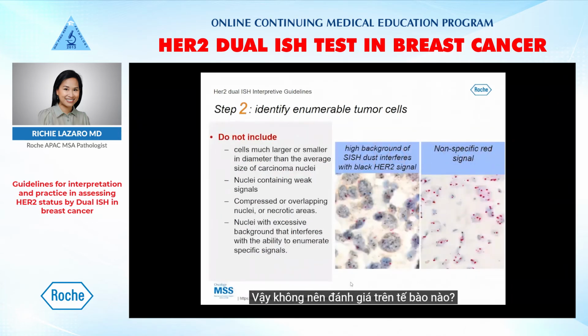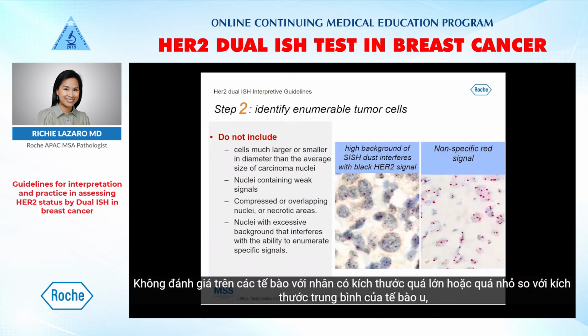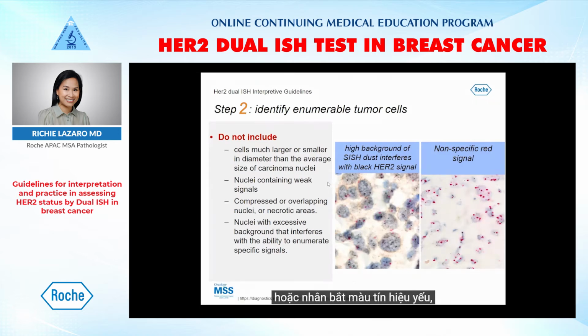Which cells should not be scored? Do not score cells that are much larger or much smaller in diameter than the average size of carcinoma nuclei, or nuclei with weak signals, or areas with compressed or overlapped nuclei or necrotic areas, or nuclei with excessive background that interferes with the ability to enumerate specific signals.